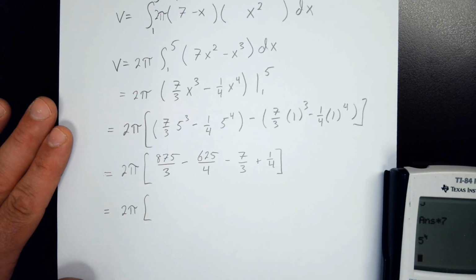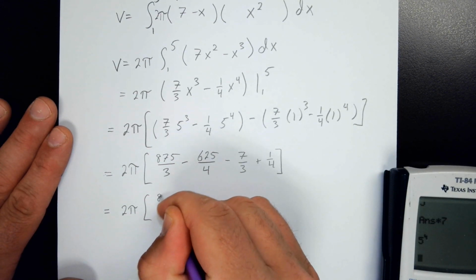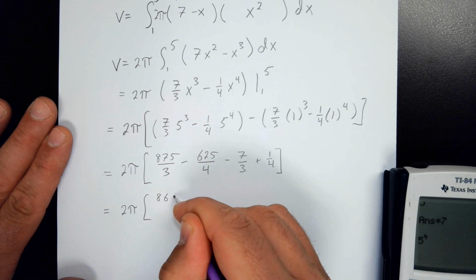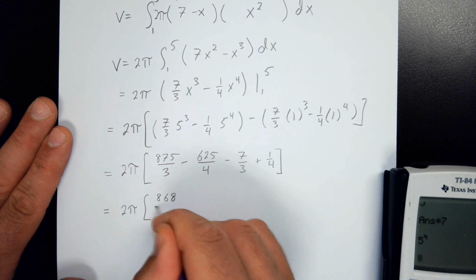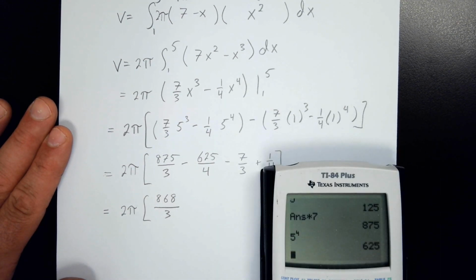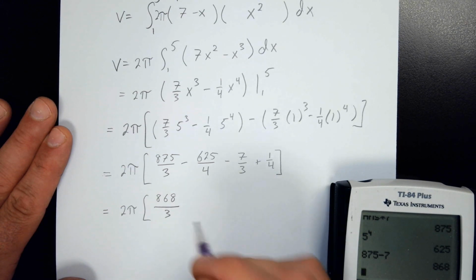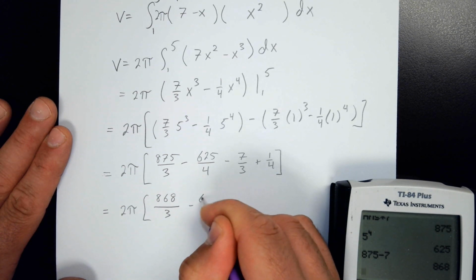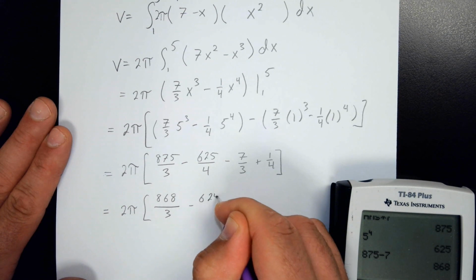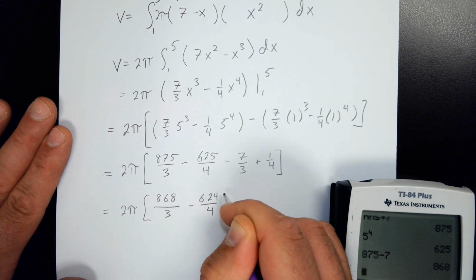875 minus 7 will give me 868 over 3, combining those thirds. If I do 625 minus 1, I'll get 624 over 4.